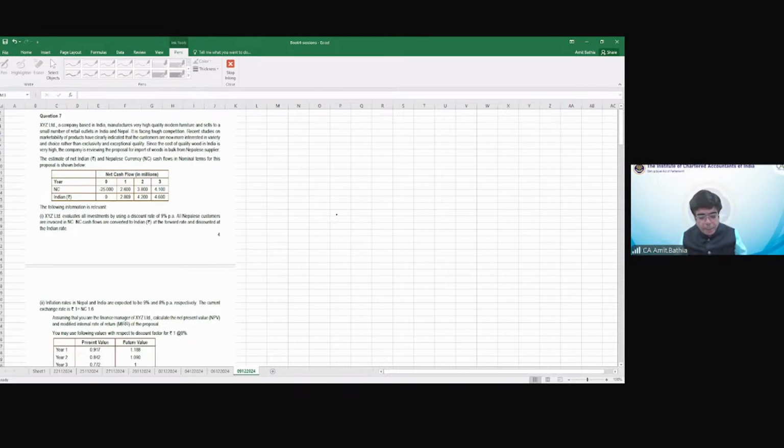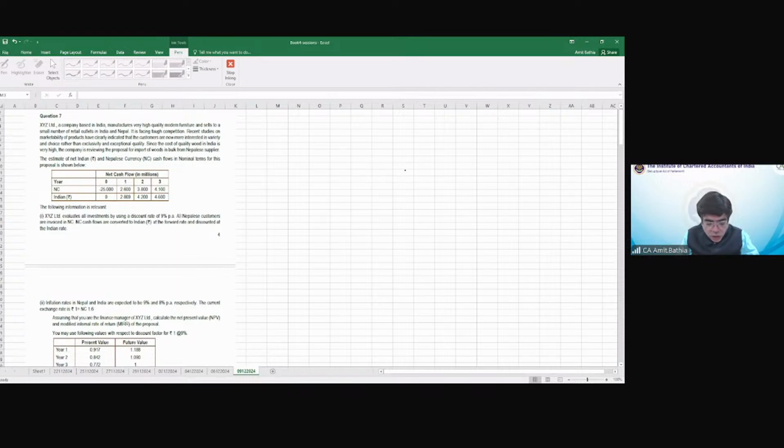XYZ Limited, a company based in India, manufactures very high quality modern furniture and sells to a small number of retail outlets in India and Nepal. It is facing tough competition. Recent studies on marketability of products have clearly indicated that the customers are now more interested in variety and choice rather than exclusivity and exceptional quality.